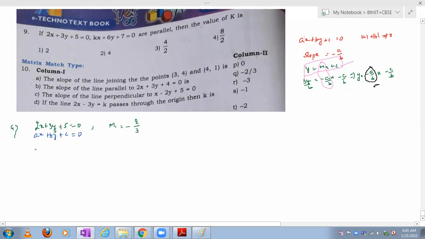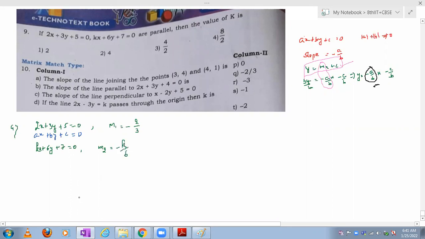Now here, kx plus 6y plus 7 is equal to 0. That means m2 is equal to minus k by 6.